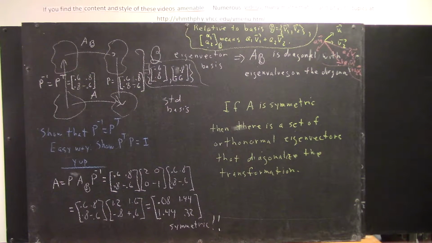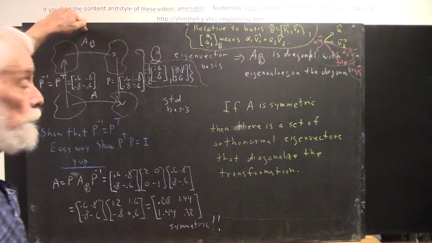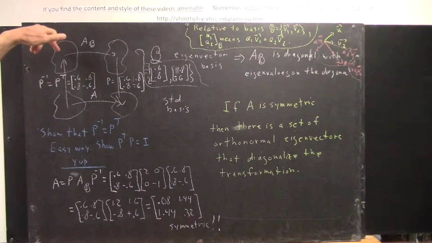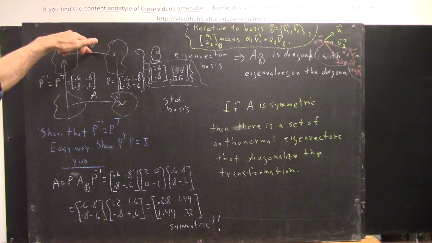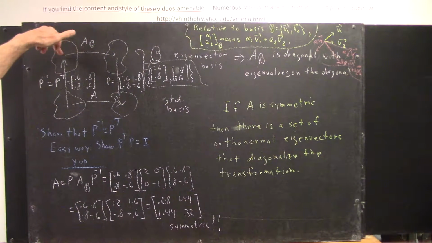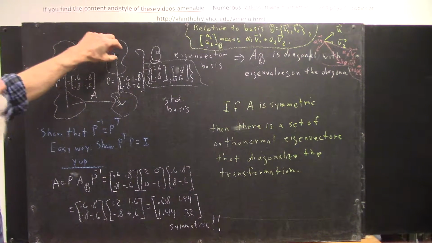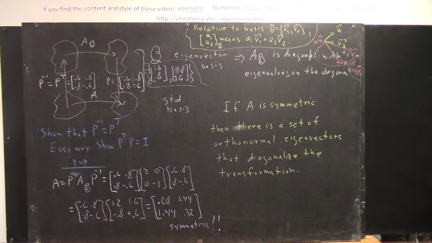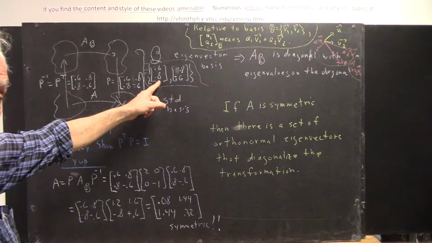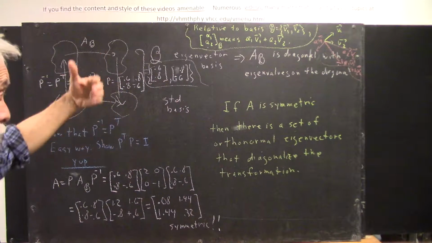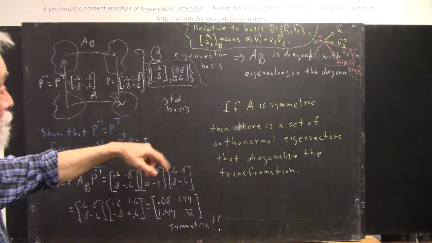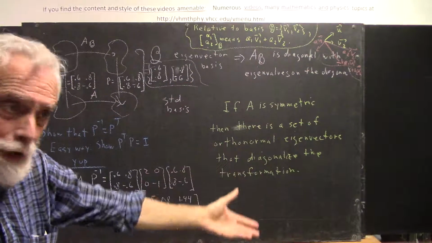So then we have a transformation. Relative to basis B, you got some matrix A sub B that transforms a vector relative to B to another vector relative to B. Well, if B is an eigenvector basis, then this matrix has to multiply this vector by some number, which would be the eigenvalue for this eigenvector, and this vector by some eigenvalue.